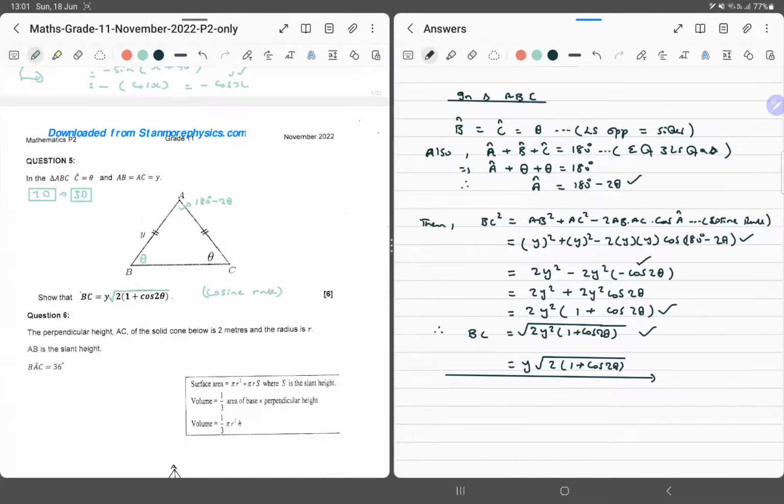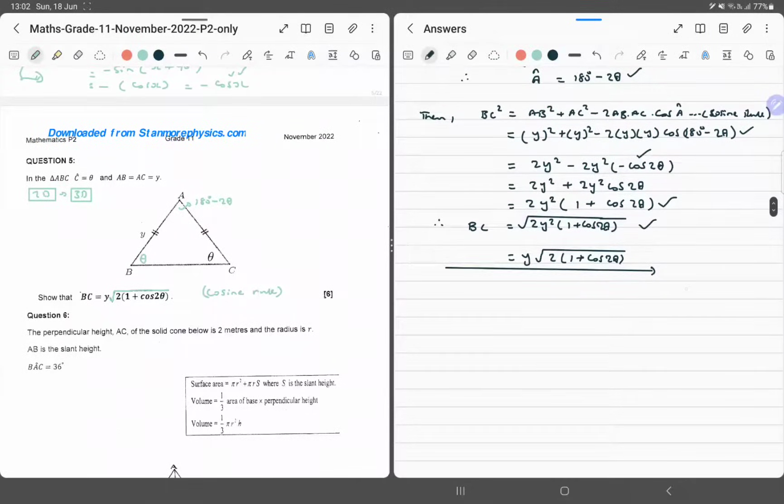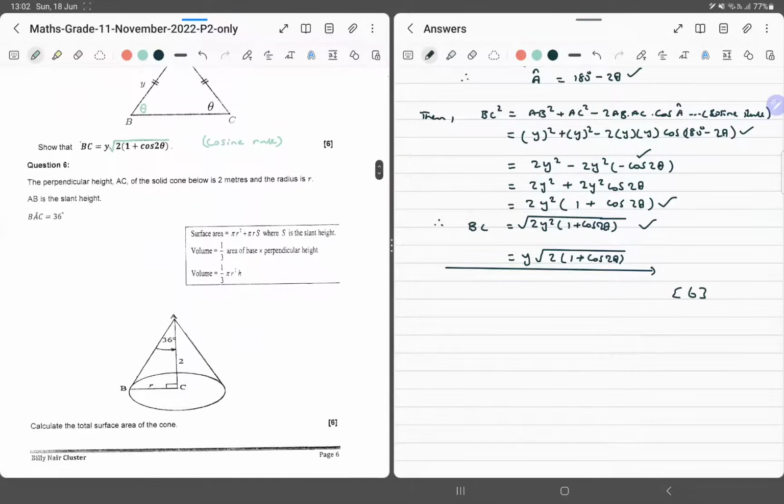The answer was already given, so it's 1, 2, 3, 4, 5. So where's the 6th mark? That is important, of course. Without it, we would not progress. So we take the 6 marks of this question with a big smile. Now let's move on. Question 6.